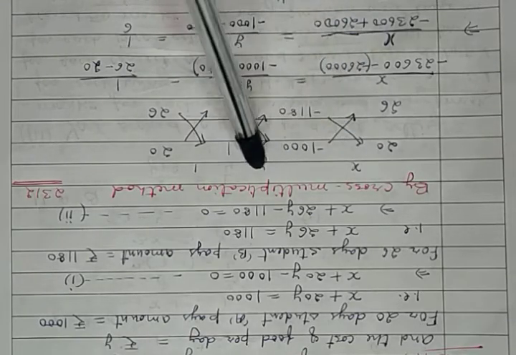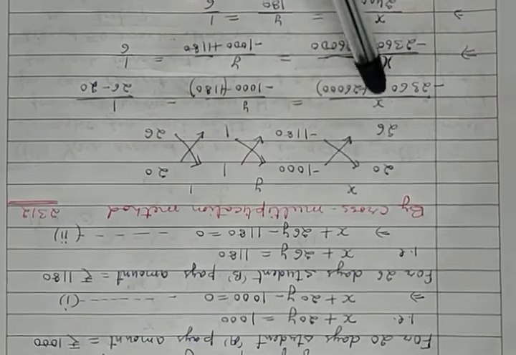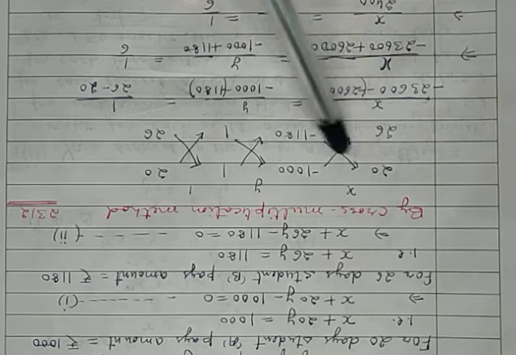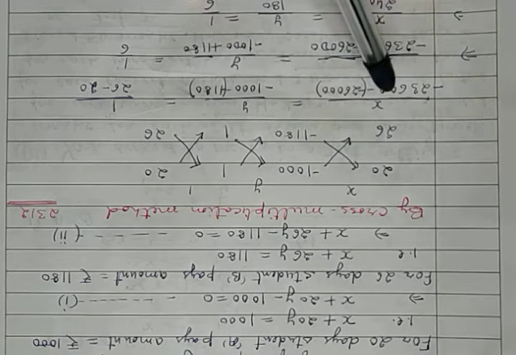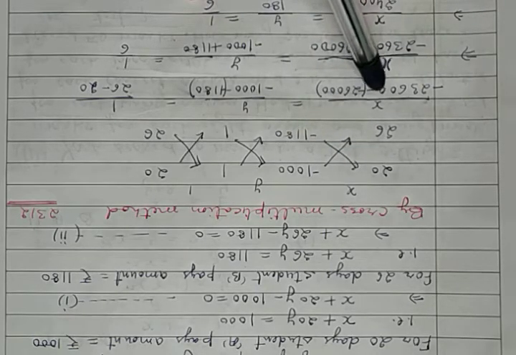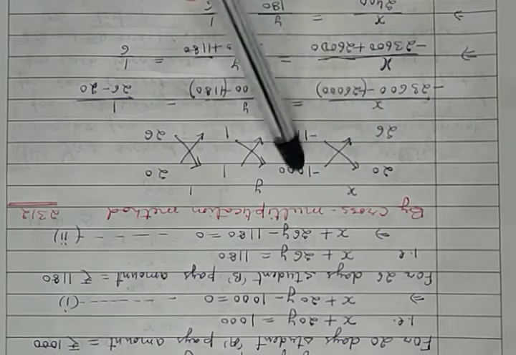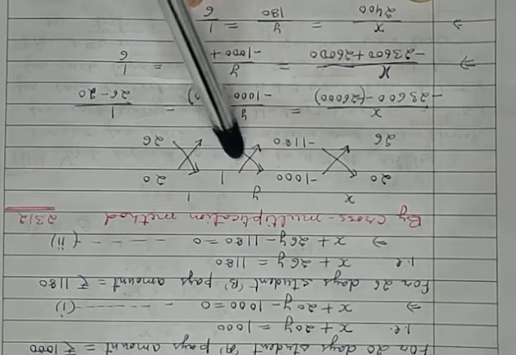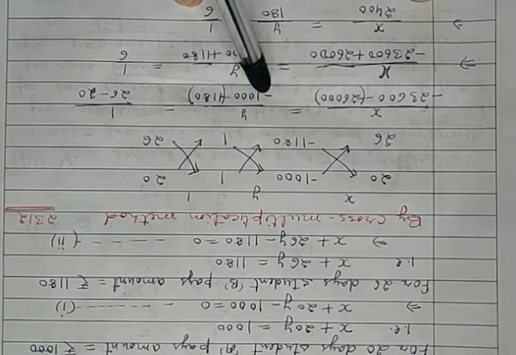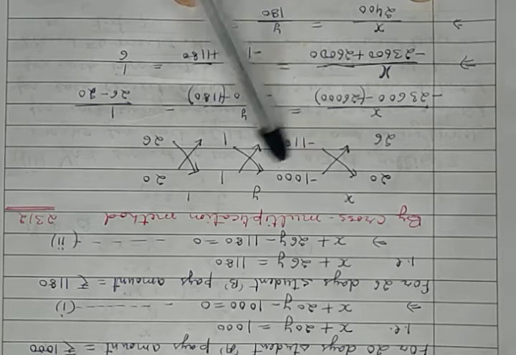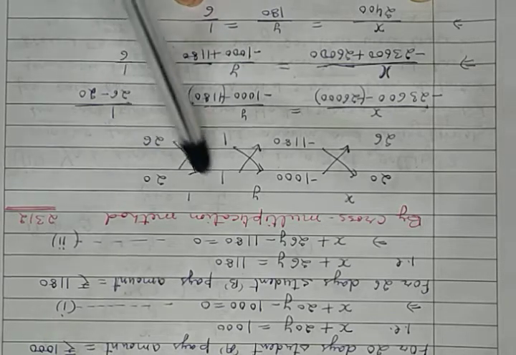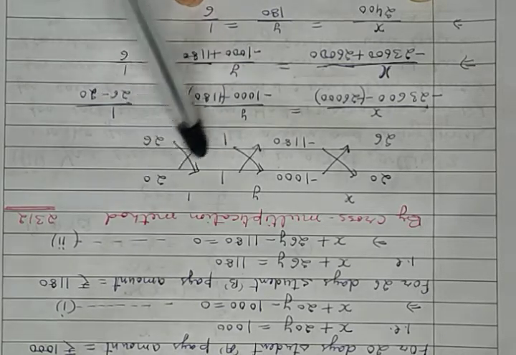X is between these, y between these, and 1 between these. First of all multiply this, then minus, it is the sign of the formula, then multiply this. Here it is minus 26,000. In case of y, minus 1000, minus 1180, within the bracket there is minus 1180, is equal to 26 minus 20.